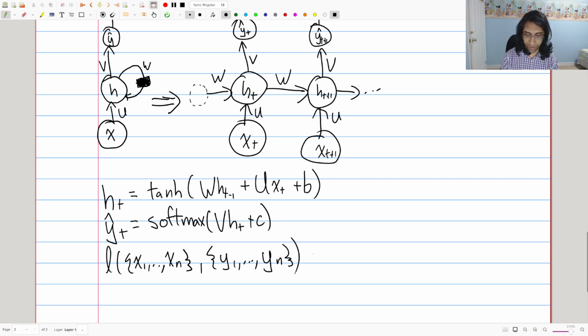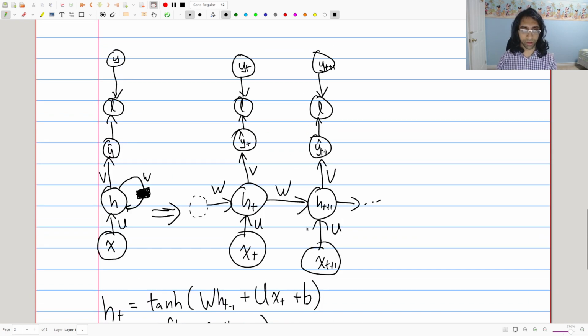We can compute the loss by summing over the y hat t, where t goes from 1 to n, however long these sequences are. Notice that y hat t is implicitly a function of the network parameters as well as the x's. Good. So that's a basic example of what a simple RNN looks like.